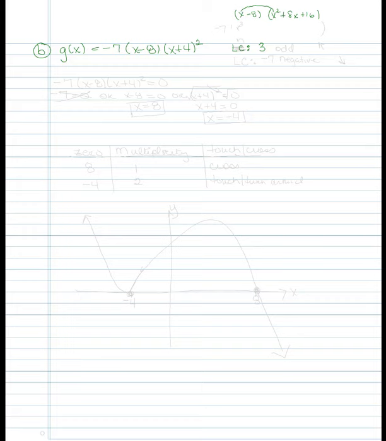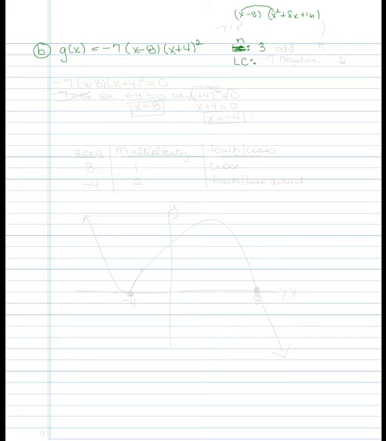Now, if you want to expand it, you would do it this way. The leading coefficient is -7, because after you've multiplied your x's and your 8, you're going to have x cubed.